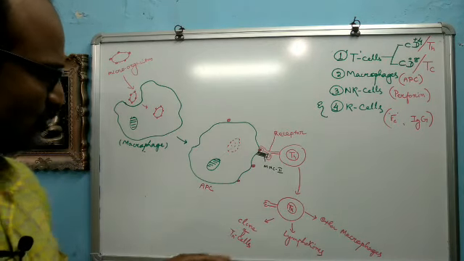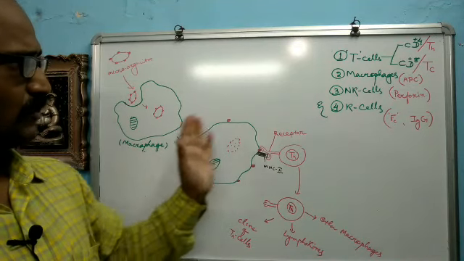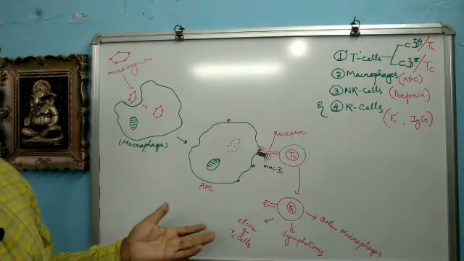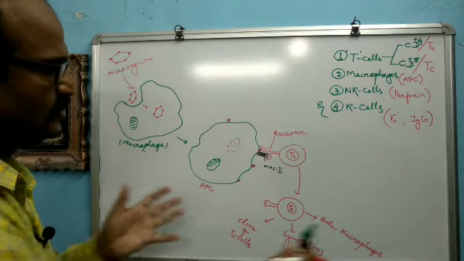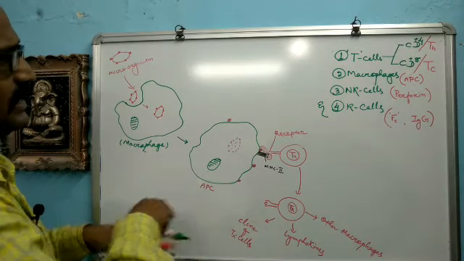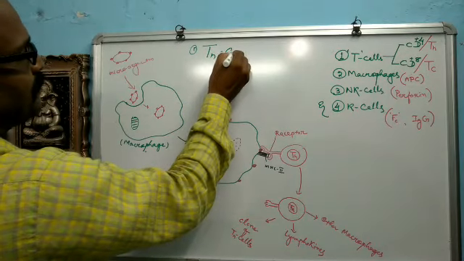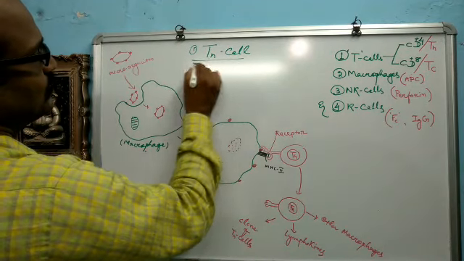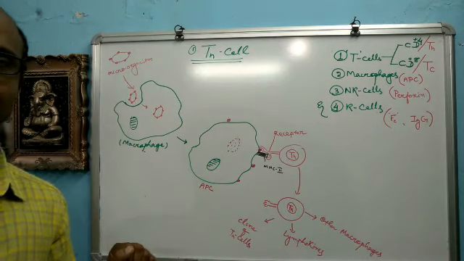By the secretion of such lymphokines, other immune cells like macrophages and cytotoxic cells come to that reaction site. So this is the role of the T helper cell in the process of cell-mediated immunity.